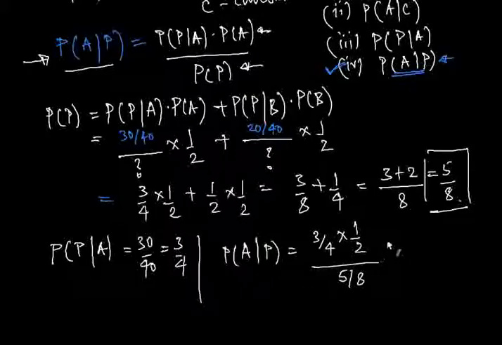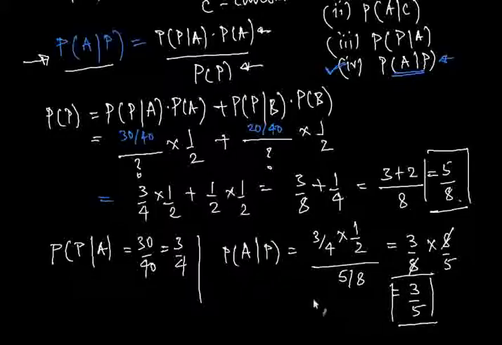So if we simplify this, this turns out to be 3 by 8 times 8 by 5, and so this and this cancel, and this turns out to be 3 by 5. So the answer to our question, probability of A given P, is simply 3 by 5, which is equal to 60%. So that was the question, and that's how it's done.